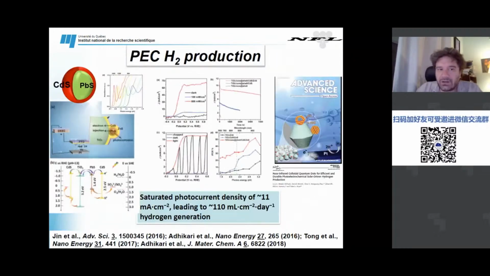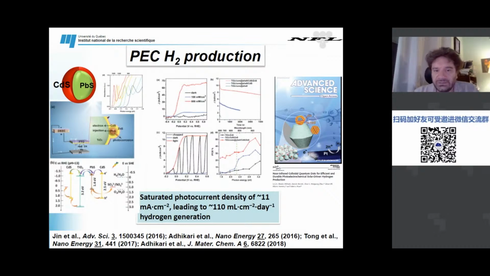And so here we used again these giant core shell quantum dots, core made of lead sulfide, shell made of cadmium sulfide. The core shell composition and structure allows us to essentially modulate the energy levels and whatnot, and this optimizes the ability to absorb photons and convert them into charges and split water.